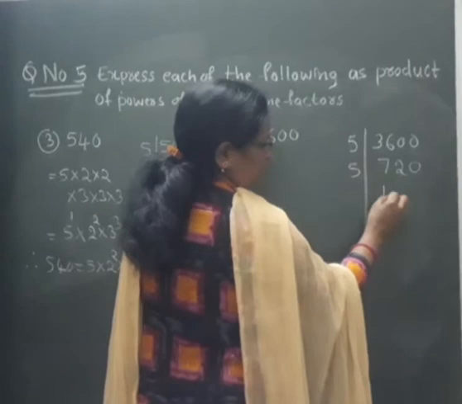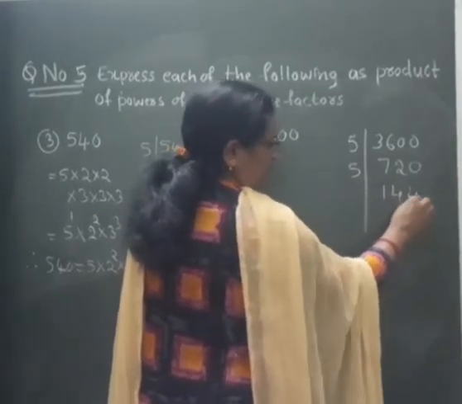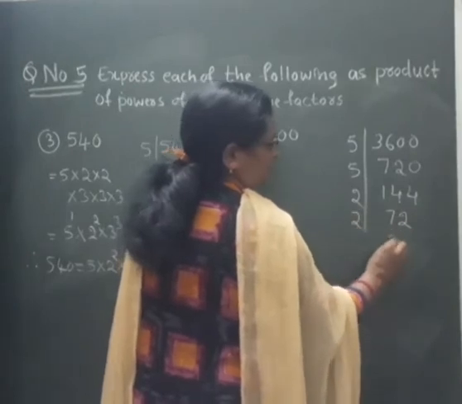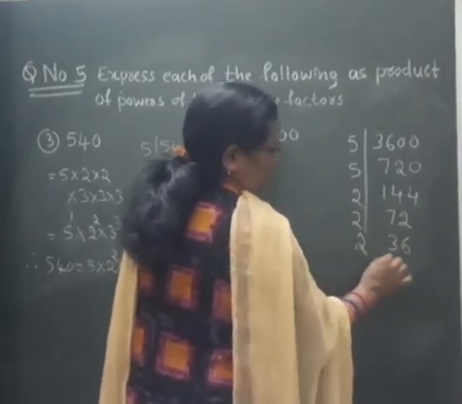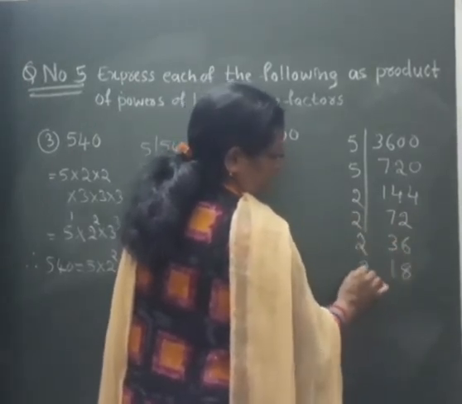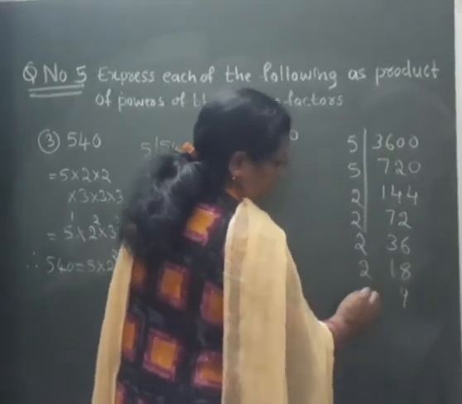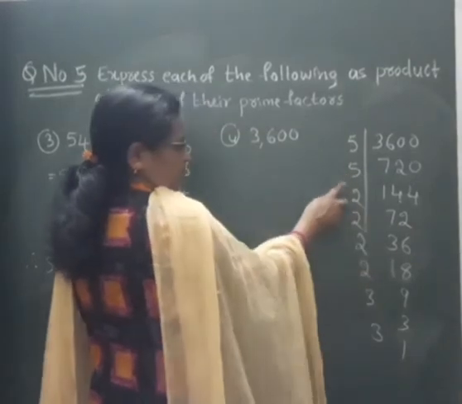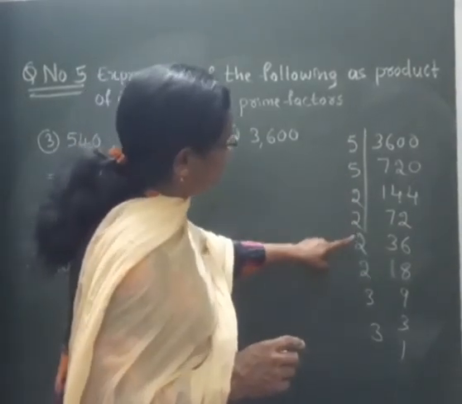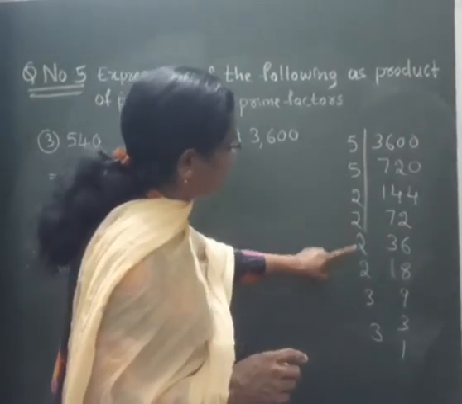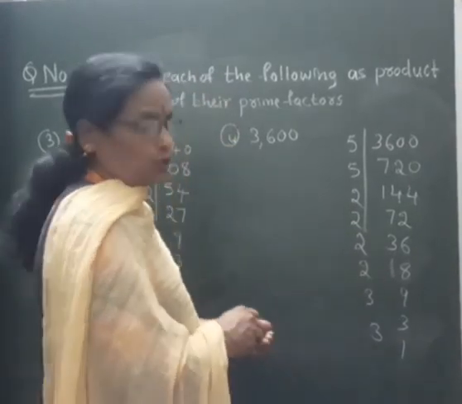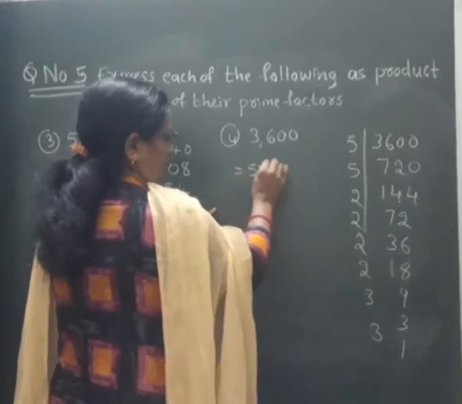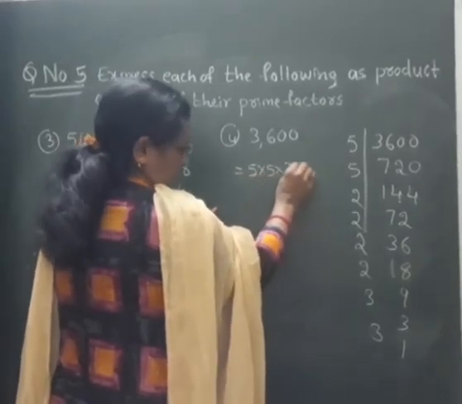Again 5. 5 ones are 5, 5 fours are 20. Then 2 sevens are 14, 2 twos are 4, 2 threes are 6, 2 ones are 2, 2 nines are 18, 3 threes are 9, 3 ones are 3. So 5 is 2 times, 2 is 4 times, 3 is 2 times.